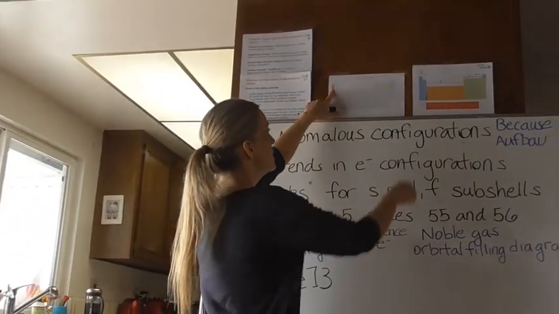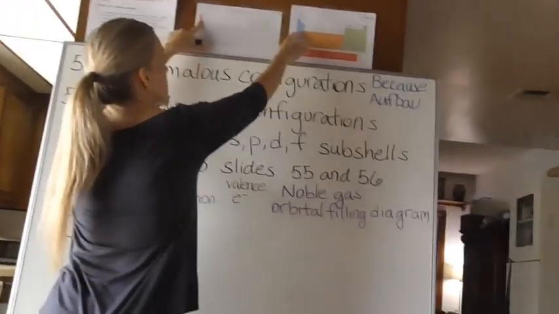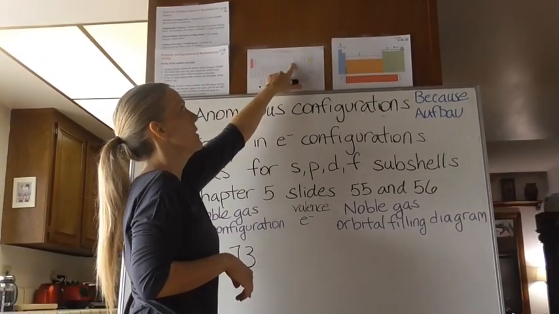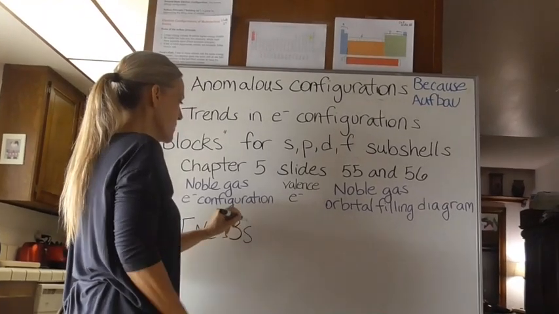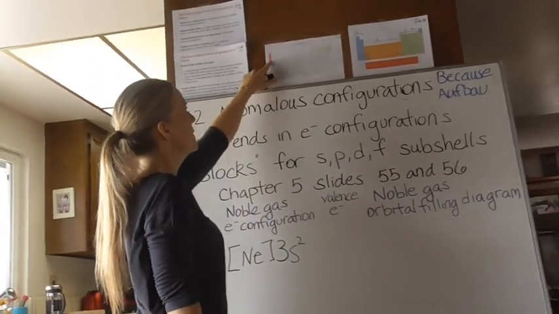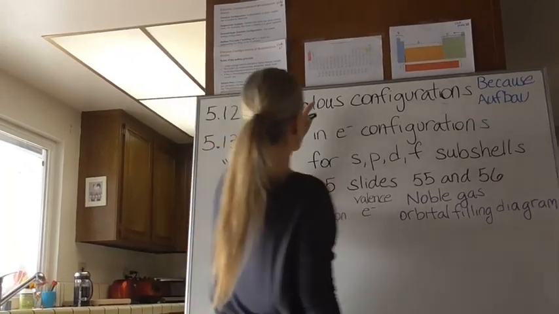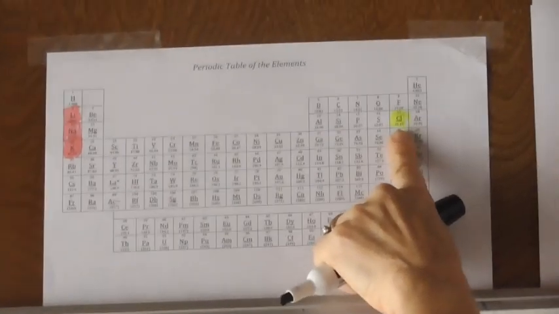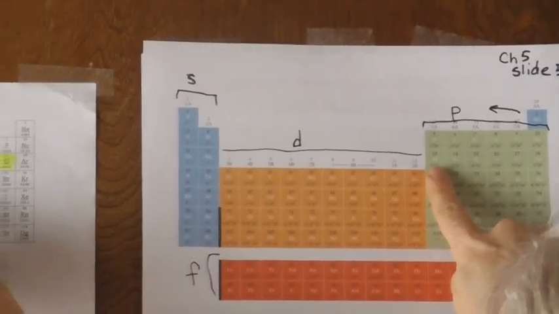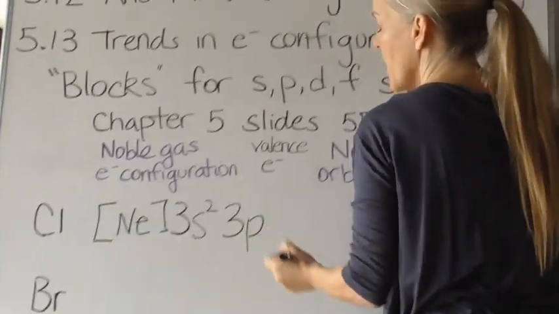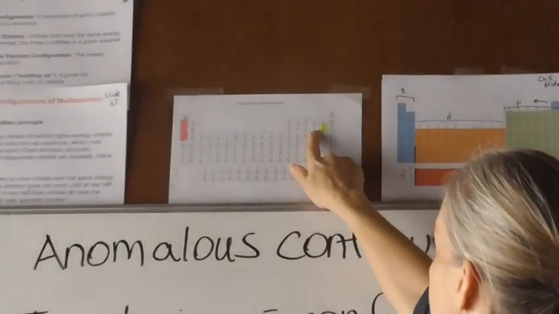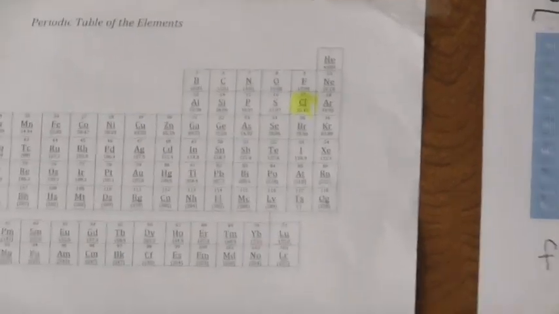So this is the S block. So we're going to fill up the S block, because we got to fill it up and get all the way over there. So we fill up the S's. And then we're still in period 3. And we got to continue. So now we're continuing into what is the P block. We're still in period 3. And in the P block, we go over 1, 2, 3, 4, 5 places.